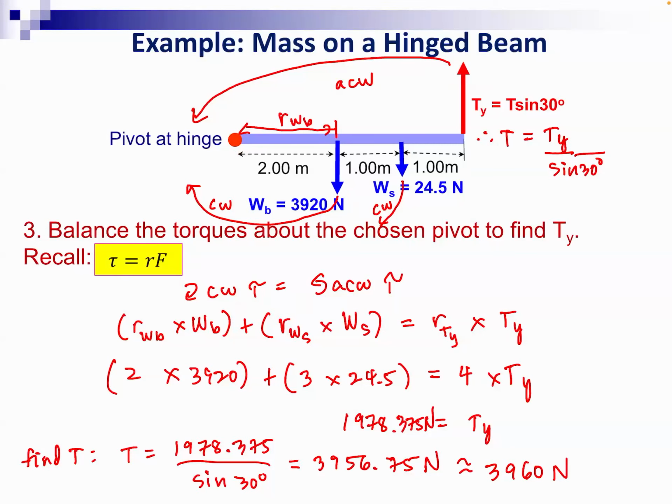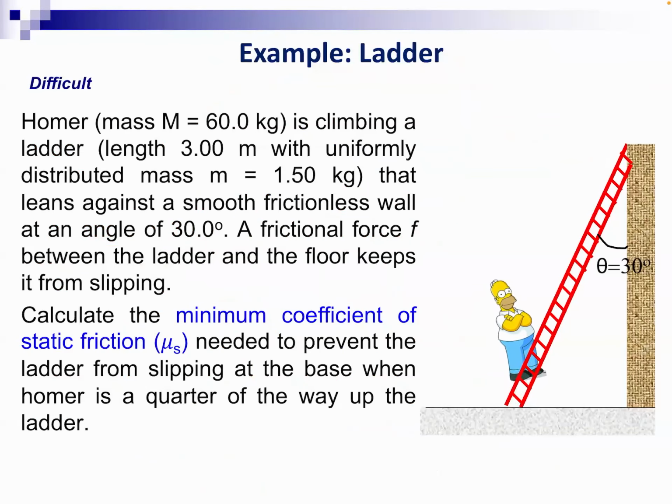Cool. All right, let's see how our method stacks up to this ladder problem. The ladder problem is probably the most difficult we can ask you. Oh, I don't know. Maybe you can check the worksheet questions tomorrow and tell me whether the ladder problem is more difficult than the one in the worksheet.